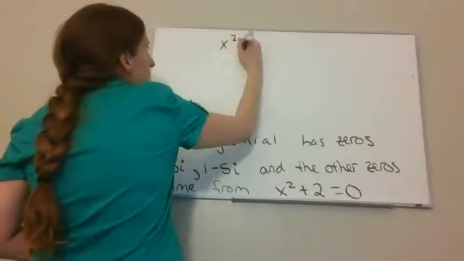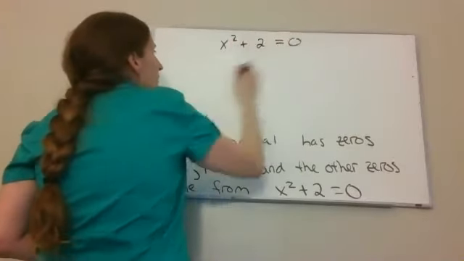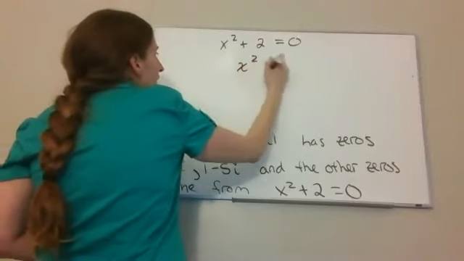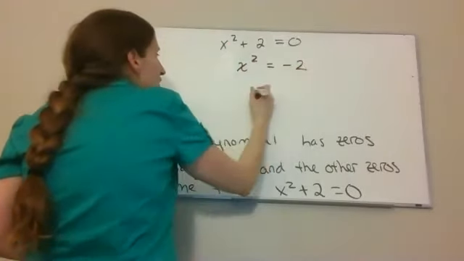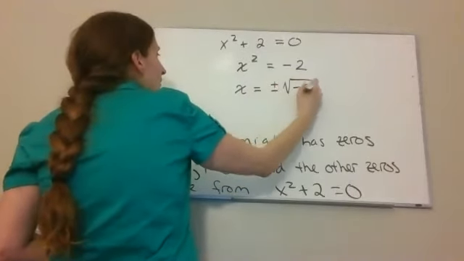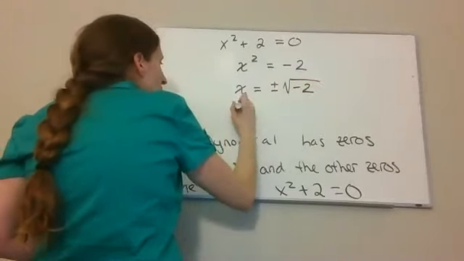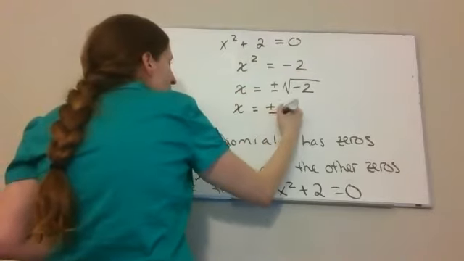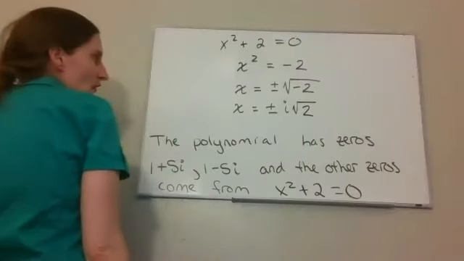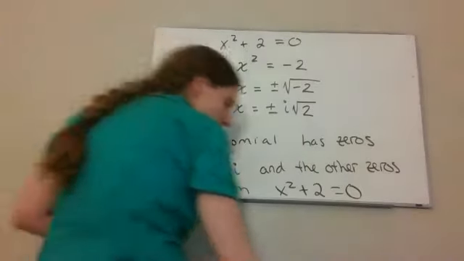So x squared plus 2 equals 0. I would use my square root property to do this. x squared equals negative 2, which means x is plus or minus the square root of negative 2. That's the same thing as plus or minus i times root 2. Those are my other two zeros.